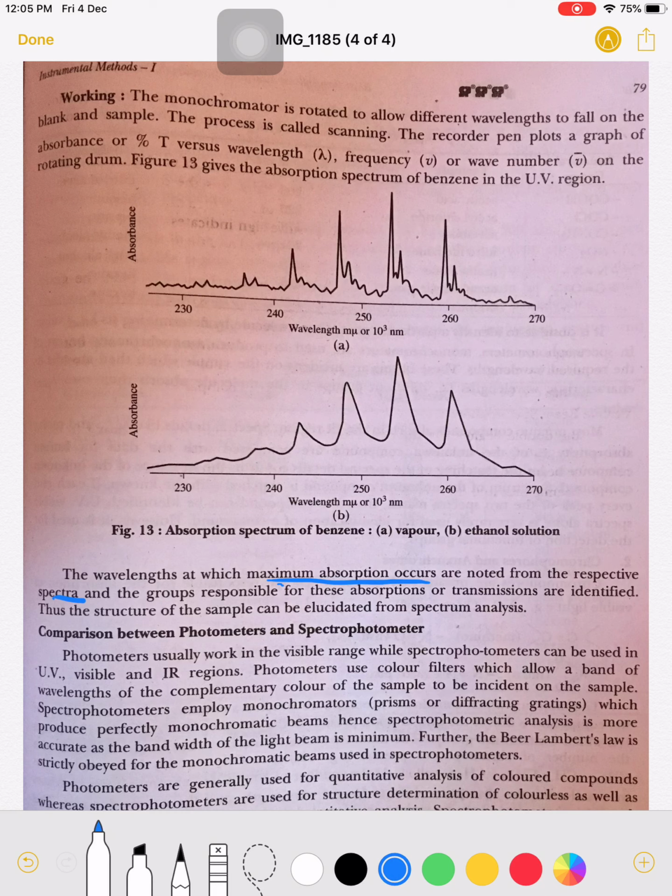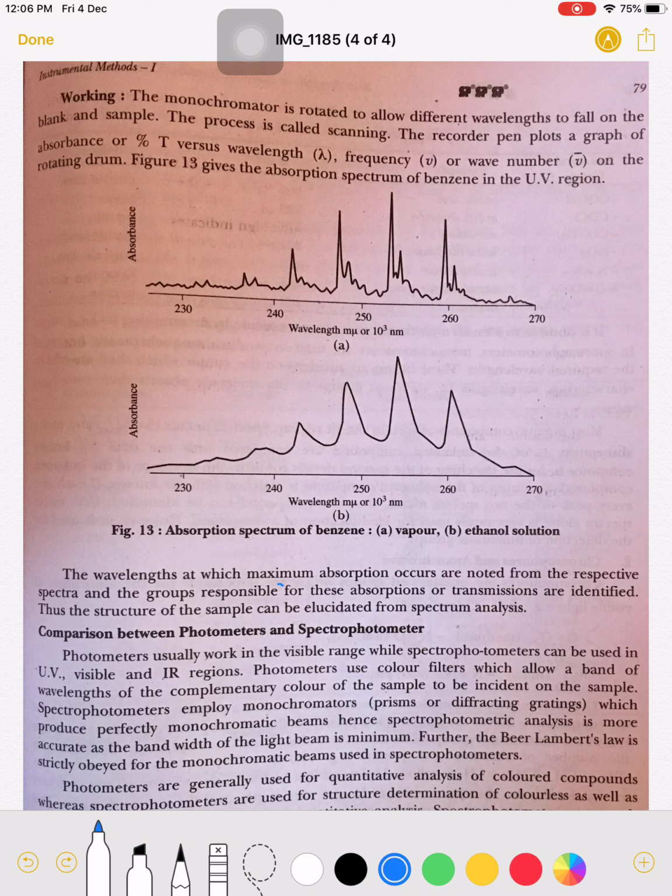Certain compounds give a lambda max value at a certain wavelength, and the reason is the presence of the functional group in the molecule. So different functional groups give different lambda max values at different wavelengths. By using those values we can determine the structure of the sample. It is a very simple method for determining the structure of different molecules by using this maximum absorption value, that is, lambda max.